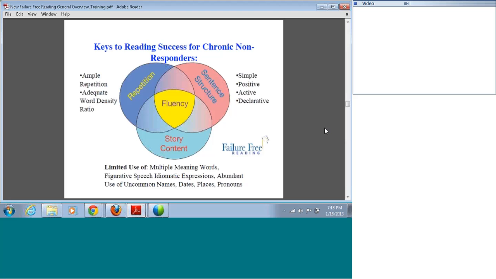That's powerful. That means that a lot of the work that we've put in up to this point has been very valuable and very beneficial. But there does need to be that constant repetition of vocabulary and adequate word density ratio. How many times are they going to see that specific vocabulary word being used in the passage that represents the lesson for the day?